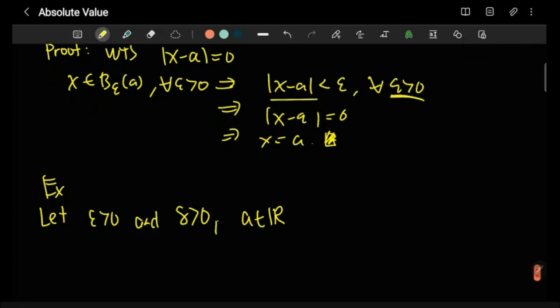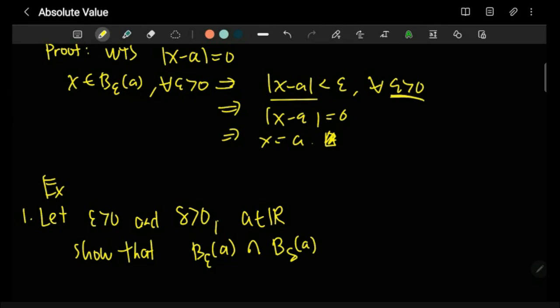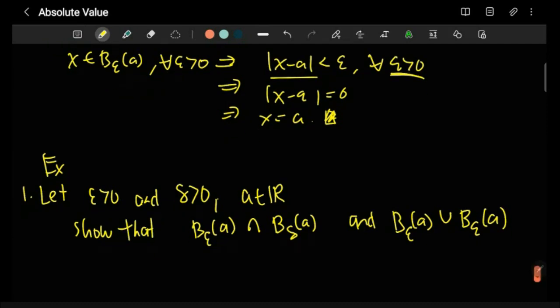Let's show daw that yung ball epsilon centered at A intersection ball delta centered din at A, and ball epsilon centered at A union ball delta centered at A, are gamma neighborhood.